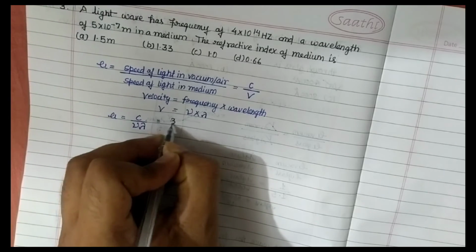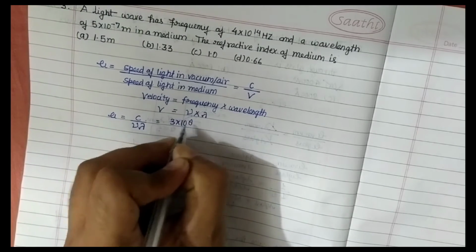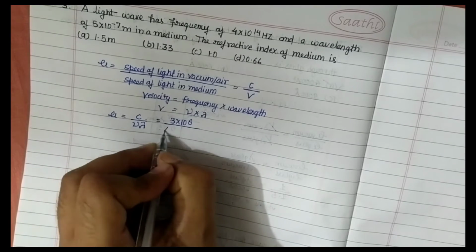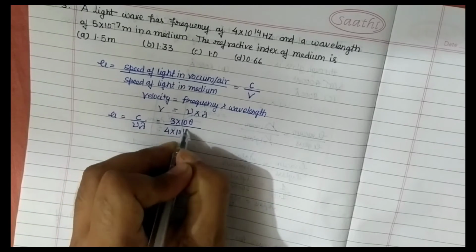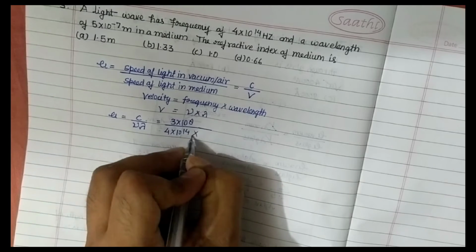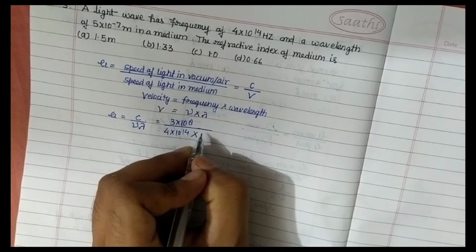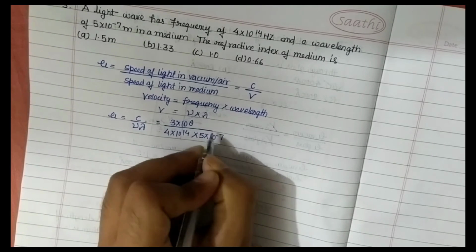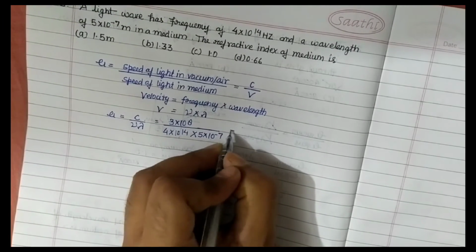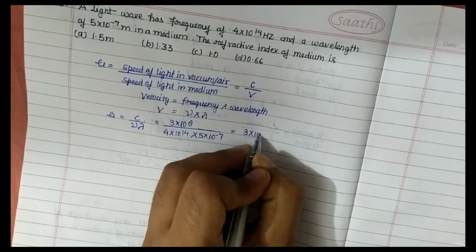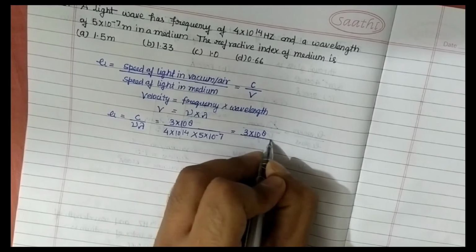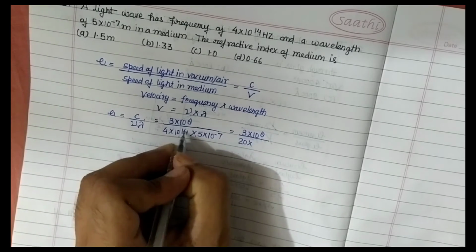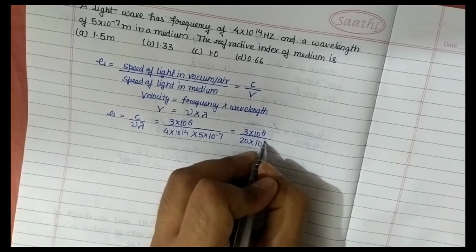The value of C is 3 into 10 to power 8. Frequency has been given to us, that is 4 into 10 to power 14 Hertz, multiplied by wavelength, which is 5 into 10 to power minus 7. So this will give us 3 into 10 to power 8 divided by, 4 fives are 20, into 10 to power 14 minus 7 is 10 to power 7.